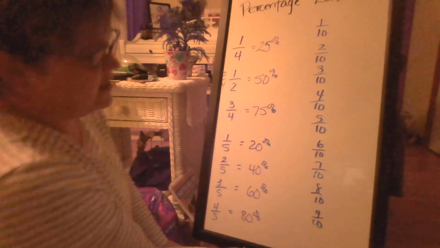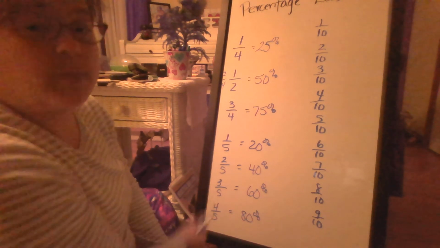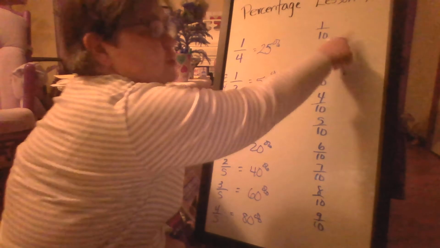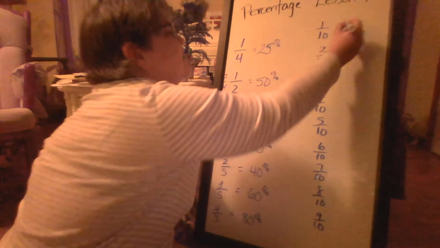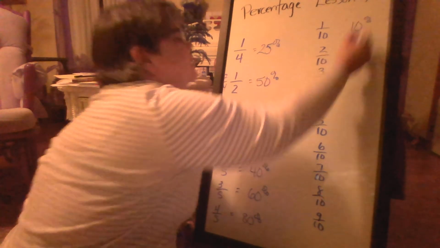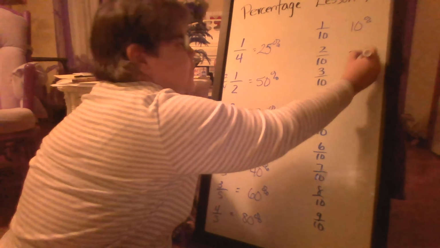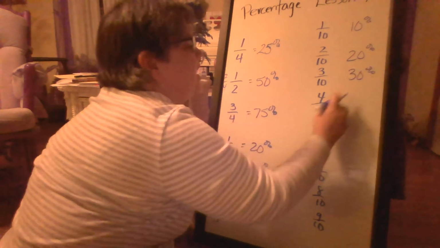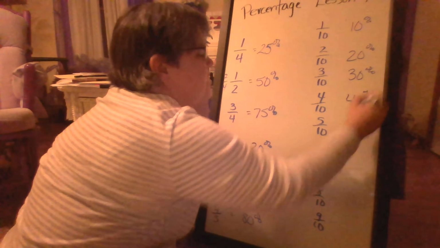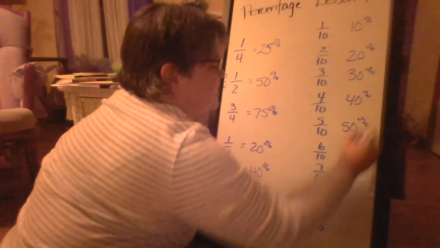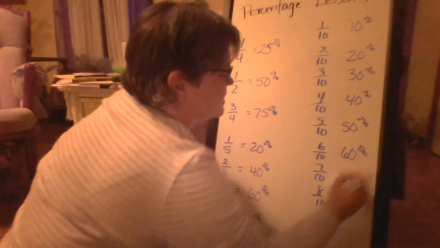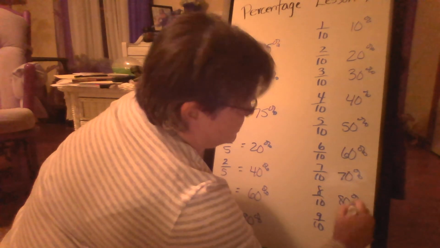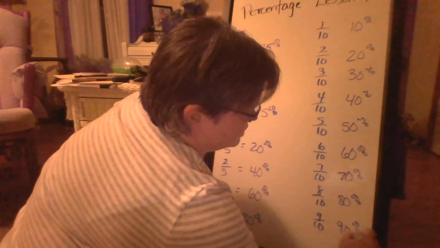And then, of course, we have the 10 denominator fractions, and those are really easy to know because 10 goes into 100 10 times. So this is 10%. 10 times 2 is 20%, and 3/10 would be 30%, and 40%, and 50%, 6/10, 60%, 70%, 80%, and 90%.